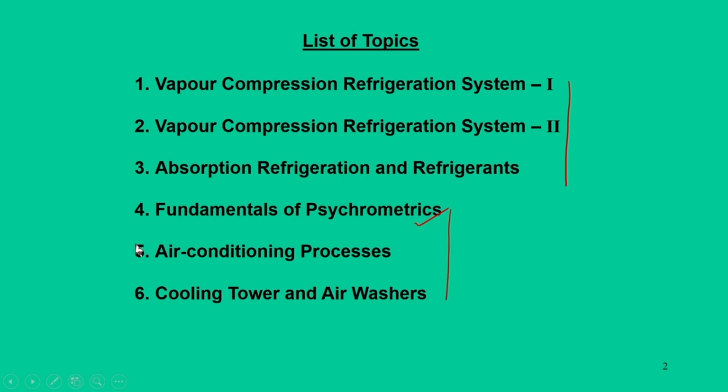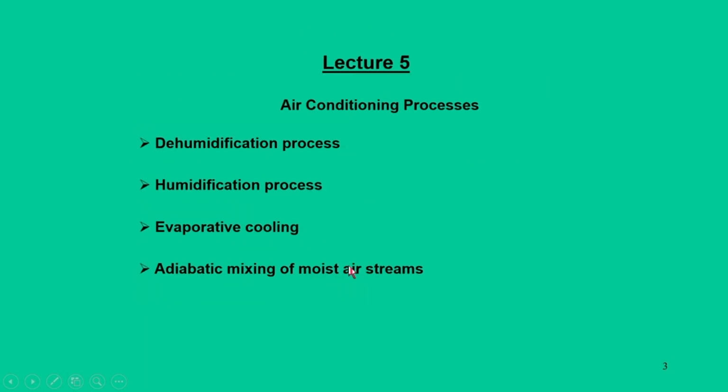Now, in today's class we will be discussing air conditioning processes, and our attempt would be to discuss the thermodynamic aspects of all air conditioning processes, and side by side see how the moist air properties change for the requirement of air conditioning systems.